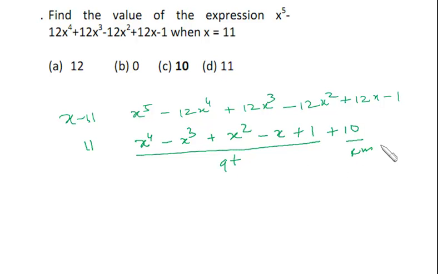Less than a minute, if I'm not wrong. And how much space is it taking? Just 2 lines, right? So if you put x is equal to 11 in this expression, you'll get the value as 10, or otherwise you can say, if this expression is divided by x minus 11, the remainder is 10, right?